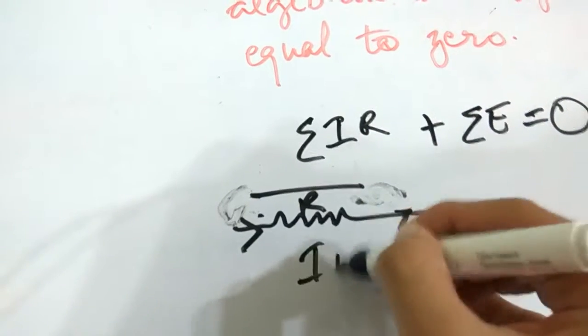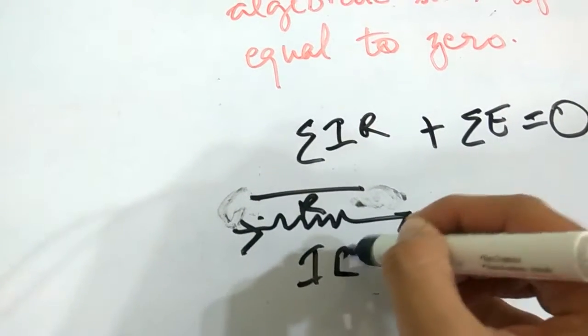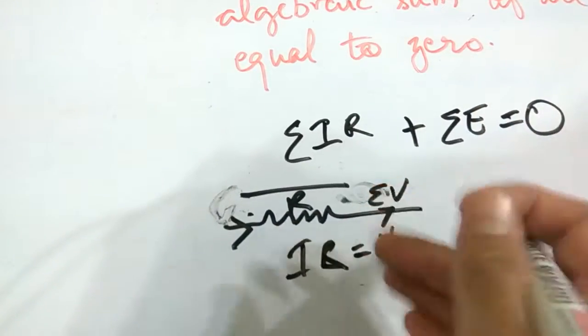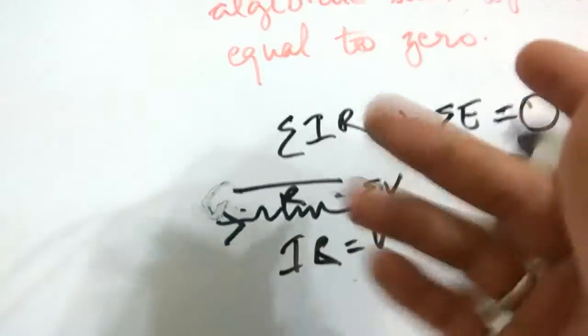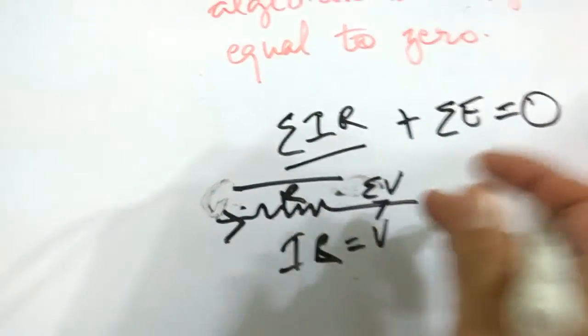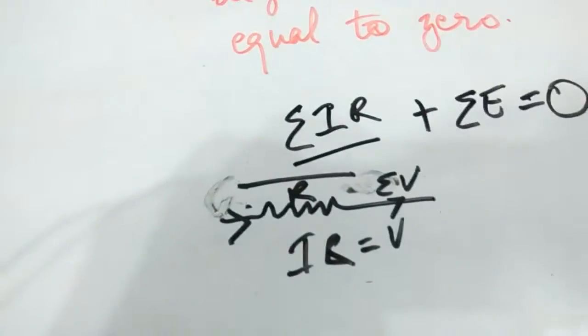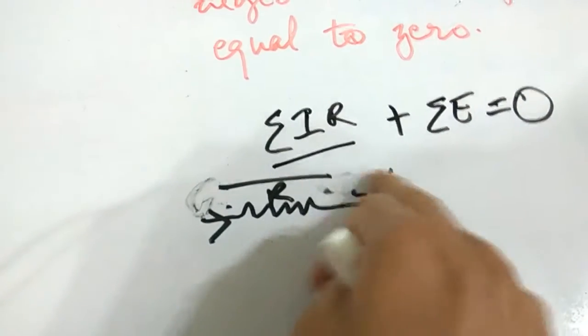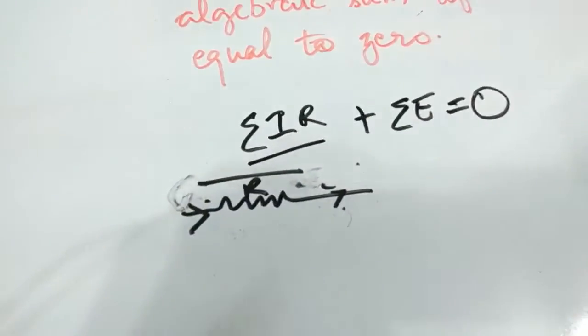IR is basically equal to V, so it's basically as good as writing V. But this is improper. It is not as accurate as writing this and is going to cause confusion. We do not write V here. So this is a potential difference. And what is E?